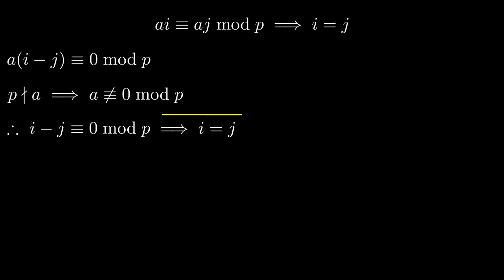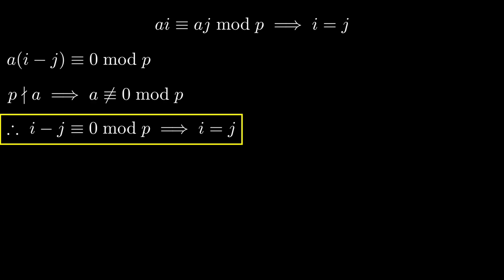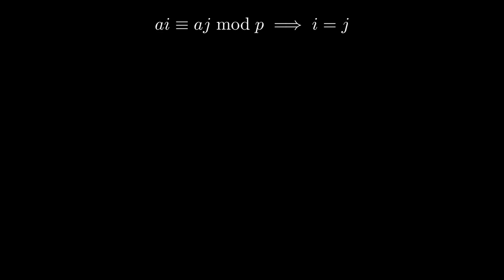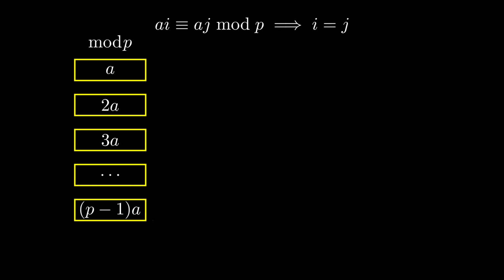And so therefore, i minus j has to be congruent to 0 mod p. And as we saw before, this implies that i is equal to j, proving the claim. Okay, and similarly, this means for elements in the left set that all of them are distinct modulo p, as we talked about before.